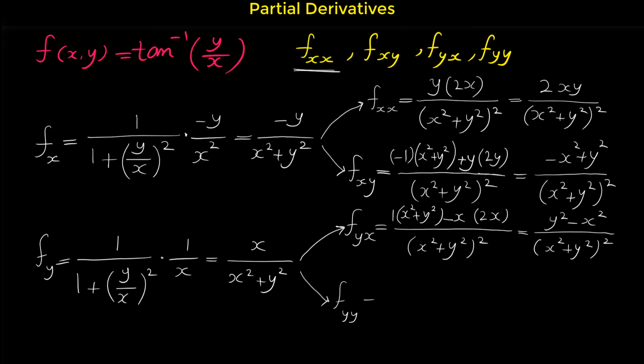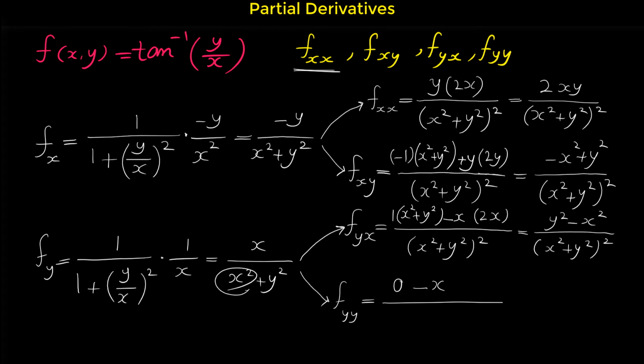Now let's find f sub yy. We have to take the derivative of this expression we have with respect to y. Derivative of x over x squared plus y squared with respect to y: derivative of the top with respect to y is 0. We don't have any y here, and the derivative of x with respect to y is 0 minus the top function, which is x, times the derivative of the bottom function with respect to y again.